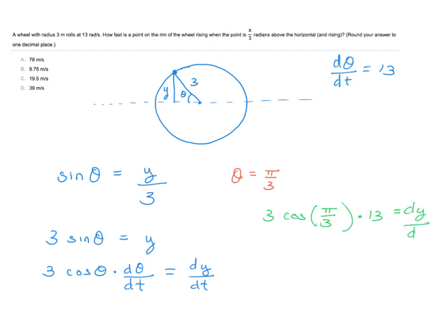I'm just going to do this in a calculator since it's asking us to round to 1 decimal place, and I get 19.5. Just make sure that your calculator is in radians mode. So I get 19.5, and this is meters per second. That's how fast y is changing. So that was this option here.